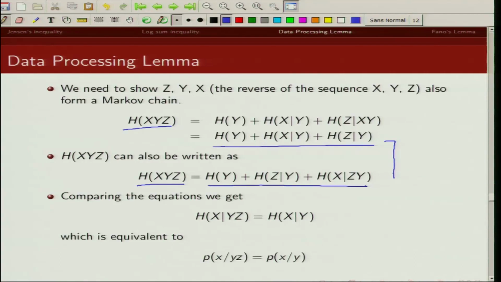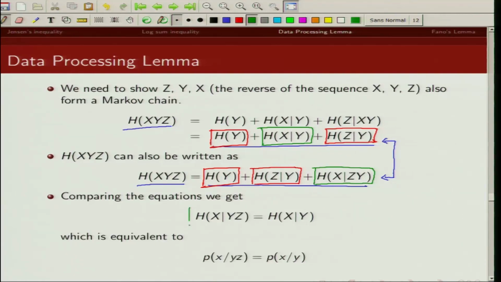So let us compare these two equations. There is a common term h of y, it's here, it's here. Then I have a common term h of z given y. So if these two are same, what do I get? I get this condition that this term must be equal to this.